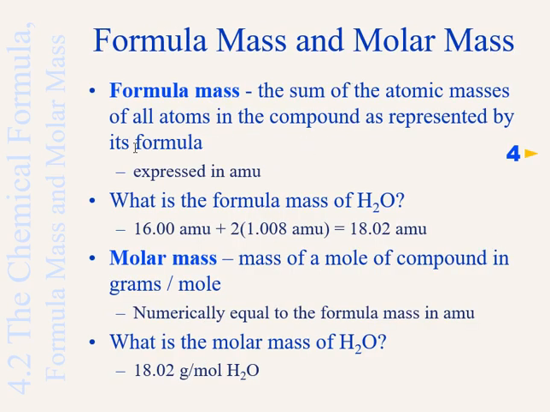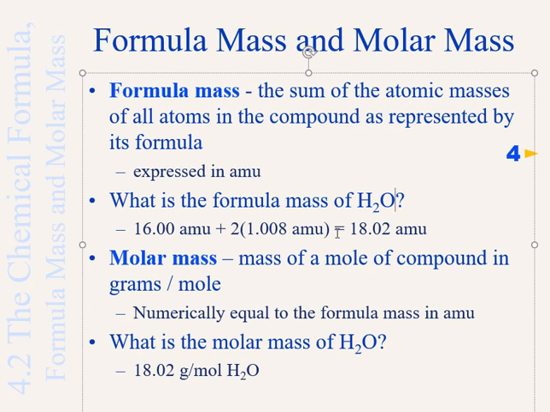So what's the formula mass of water? Or the molar mass of 1 mole of water? Well, one formula unit of water, H2O, contains 2 hydrogens and 1 oxygen. You have each hydrogen at a mass of 1.008 amu times 2, plus 1 oxygen has a mass of 16.00.